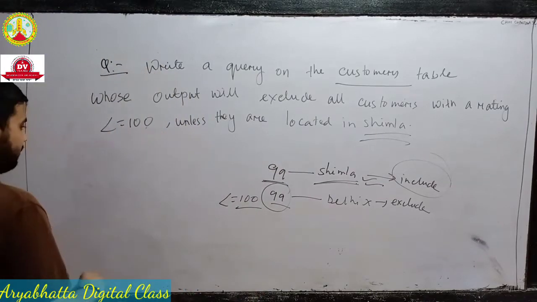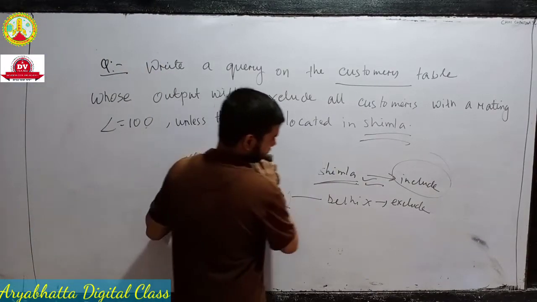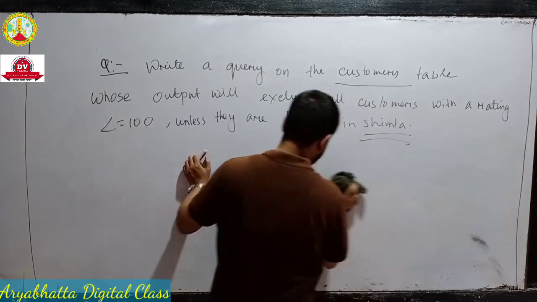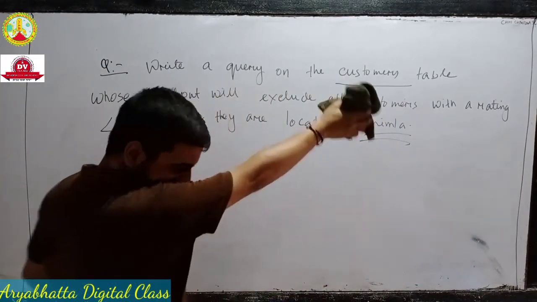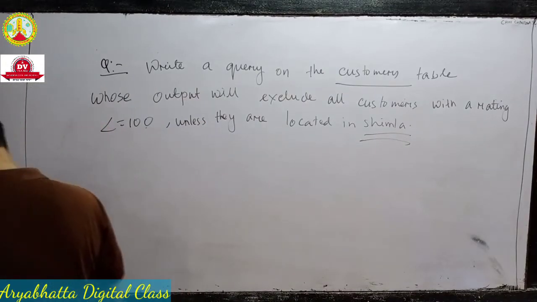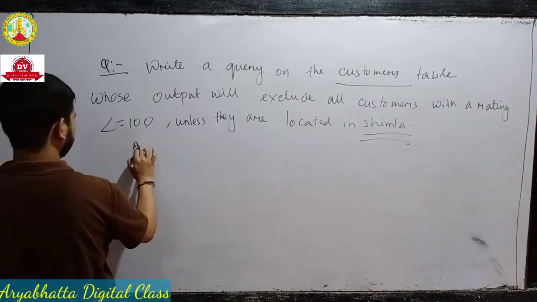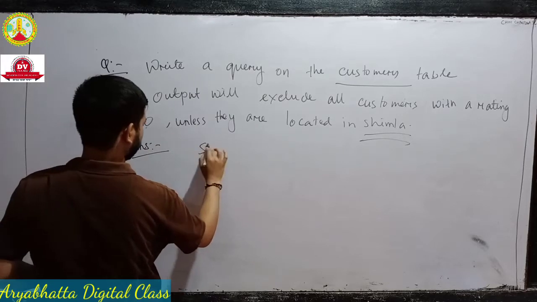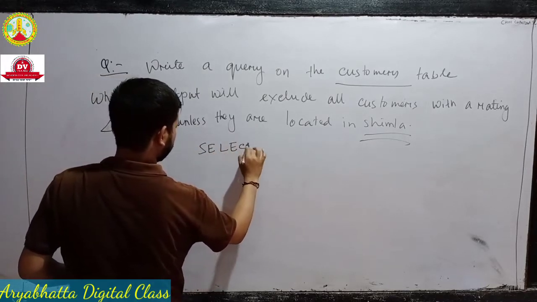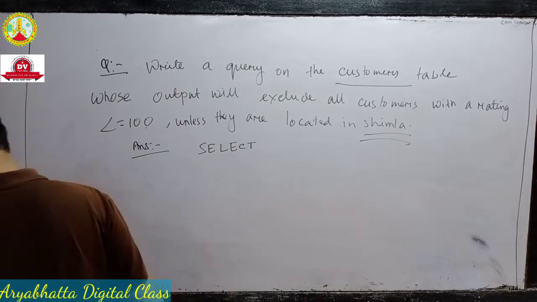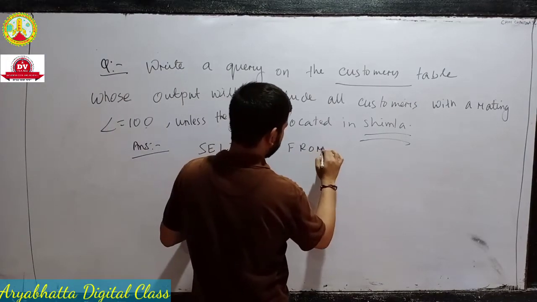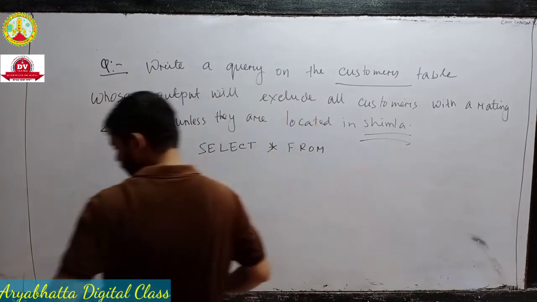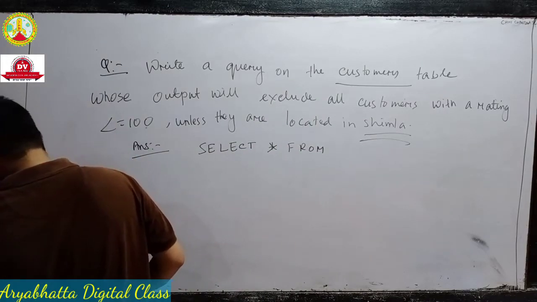You see in the query, select star from customers. Select star from customers means you have to display the whole table.